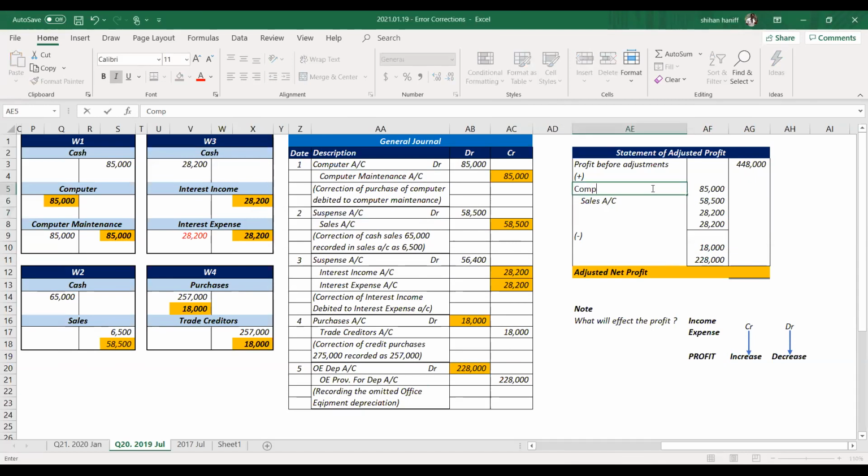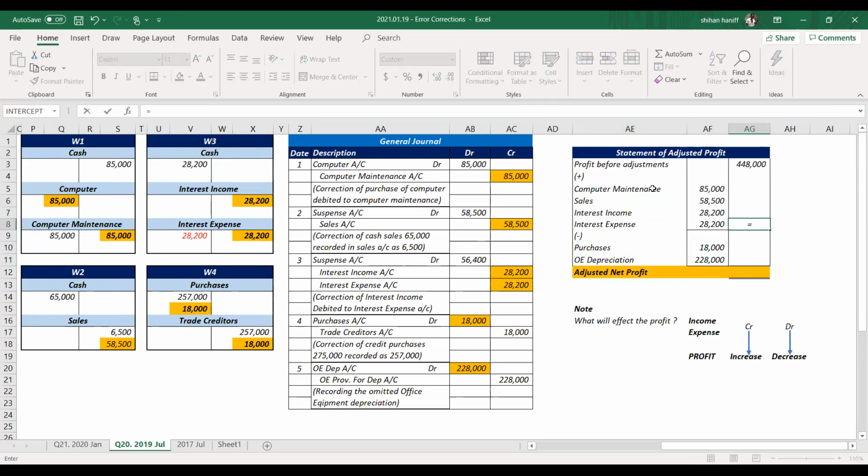Computer maintenance, sales, interest income, interest expense, purchases, depreciation.